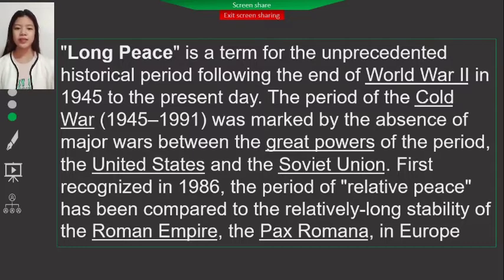First recognized in 1986, the period of relative peace has been compared to the relatively long stability of the Roman Empire, the Pax Romana, and Europe.